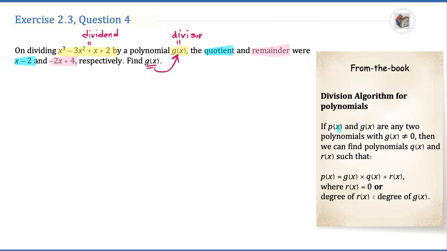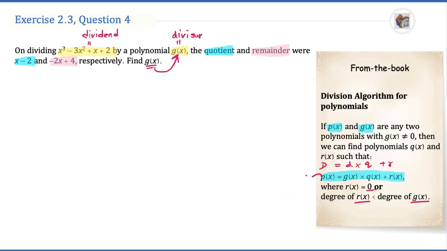Whenever you divide one polynomial by another, say you're dividing p(x) by g(x), which is exactly the situation we have here, it always satisfies this equation, which is really nothing but the dividend is equal to divisor times quotient plus remainder, and this remainder is either 0, in which case the divisor is a proper factor of the dividend, or the degree of the remainder is definitely less than the degree of the divisor. Otherwise you can't stop dividing, you would keep going on.